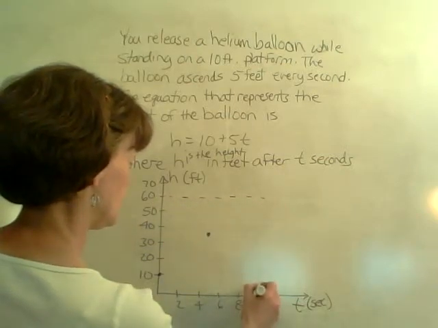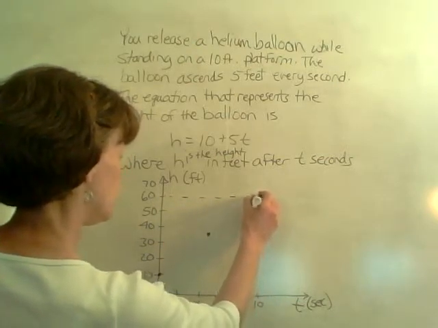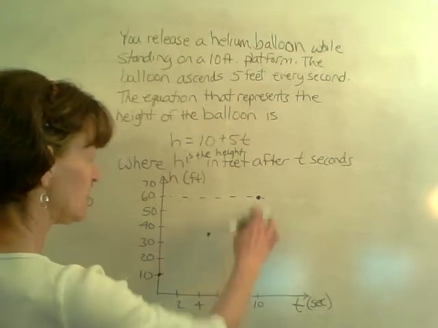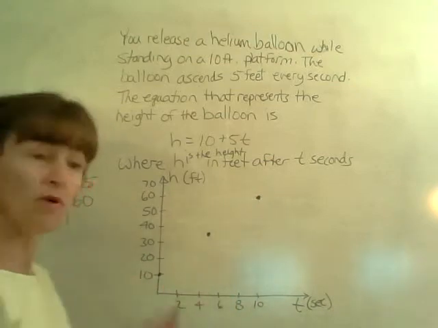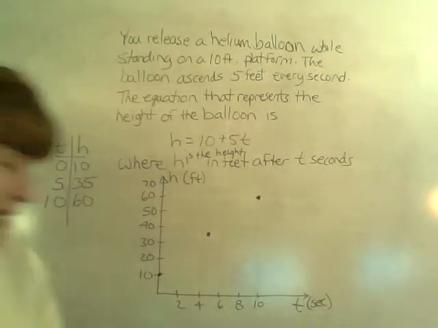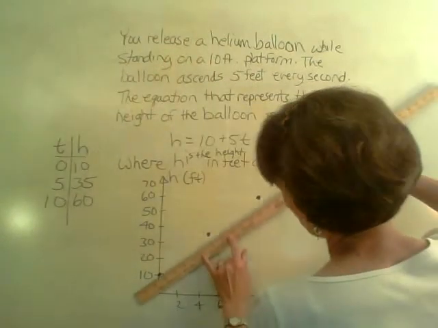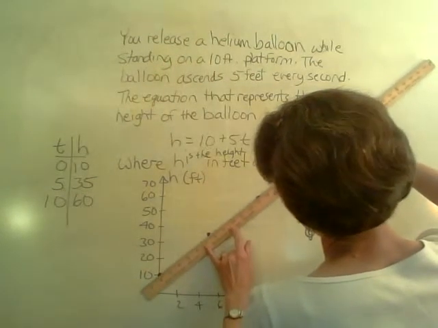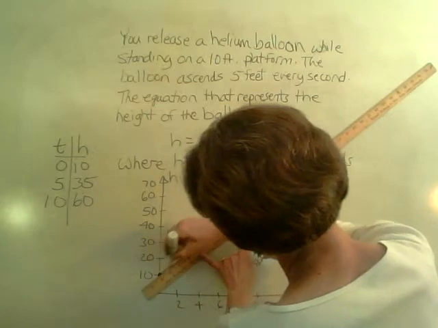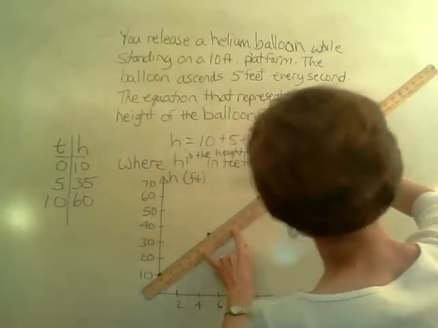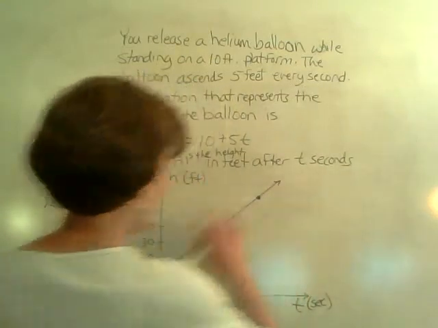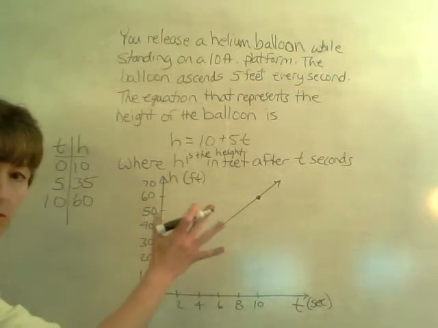All right? Well, let's come over here. And there's t is 10 and h is 60. So I can connect my points. When I connect my points, I see that it is a line. All right? And you want your graph to take up your picture.